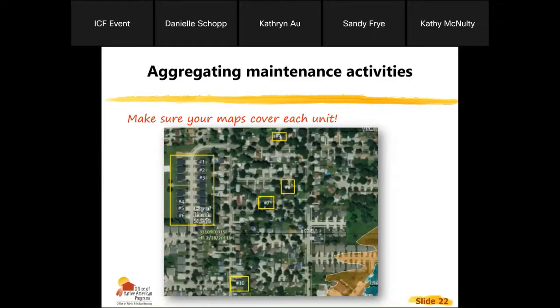And then here's an example for flood insurance. In this example, all 10 units that I've circled in yellow and marked and numbered fall on one flood map, so I can just show one flood map and have the units on that map. That's very convenient. One map, perfect.